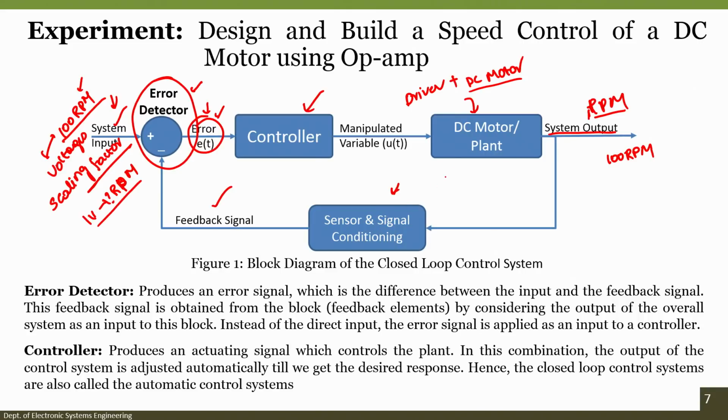There are different RPM sensors available in the market, either rotary encoders or Hall effect based rotary encoders. By interfacing a rotary encoder to a motor, we can convert the RPM of the motor into digital pulses.